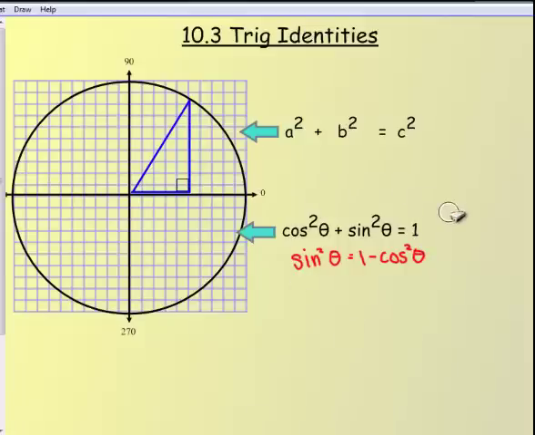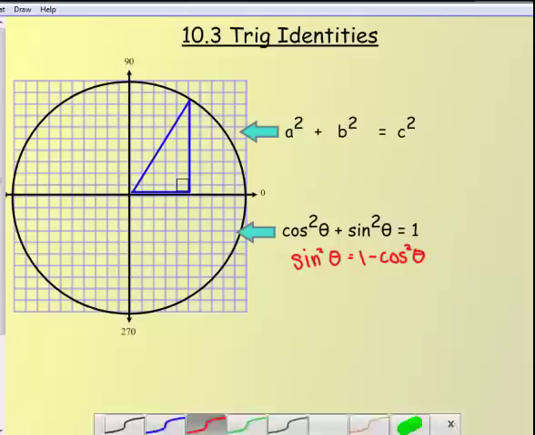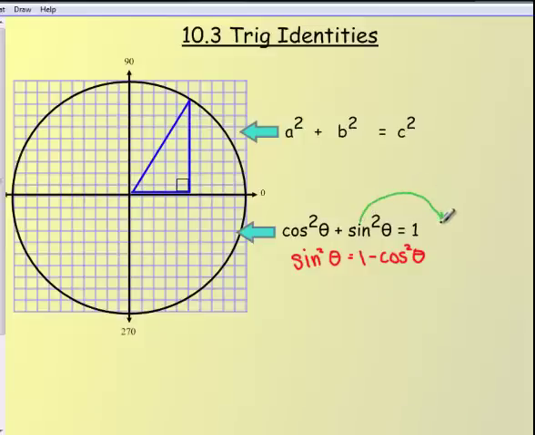And you're right, we don't have to do that just with cosine. We could take the sine and move it to the other side. And that would get us cosine squared equals 1 minus sine squared.